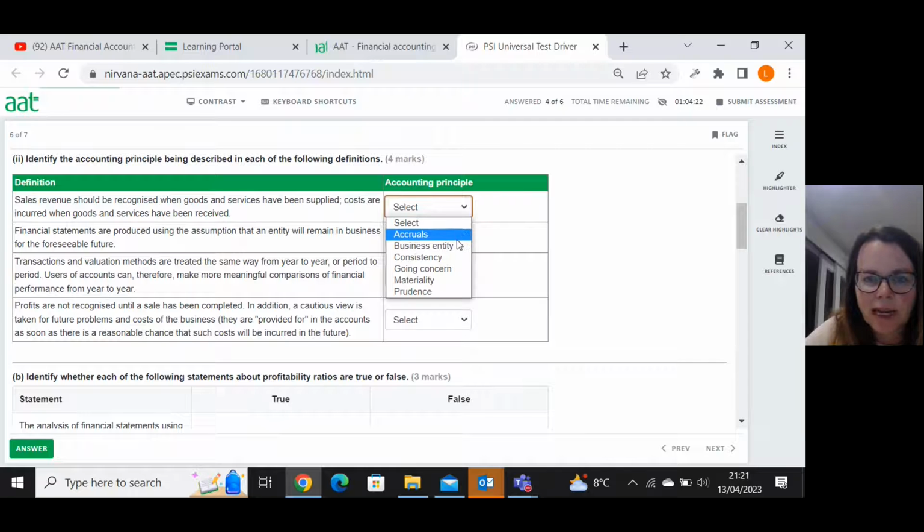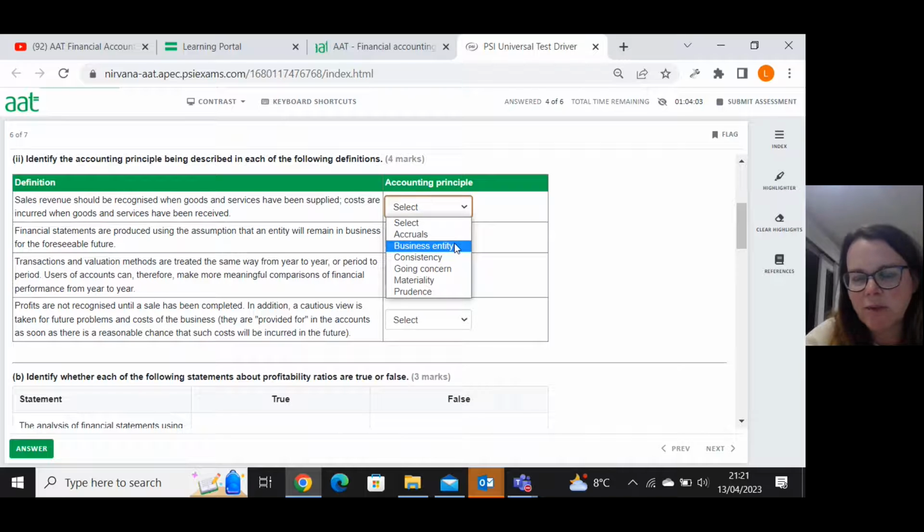So just to quickly run down and explain what all the others mean. So accruals concept, matching income and expense to the correct period. Business entity is about making sure you recognise the business is separate from personal expenditure.